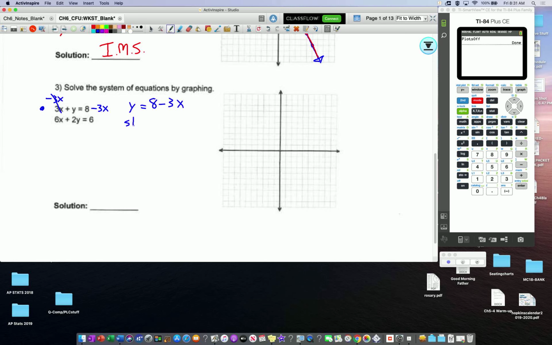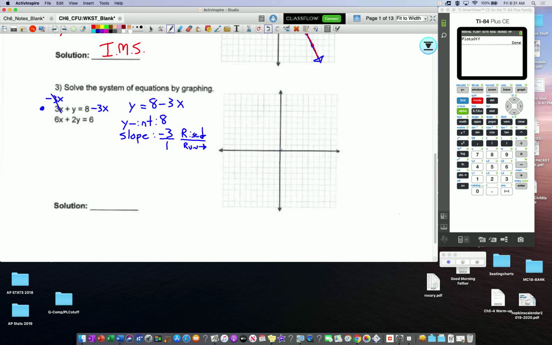My y-intercept is 8, and my slope is -3. Remember, slope is rise over run, so I'm going to go down 3 as I run to the right 1 unit.